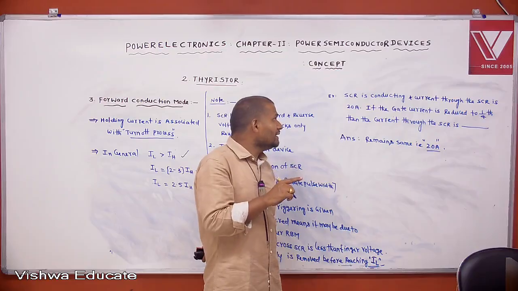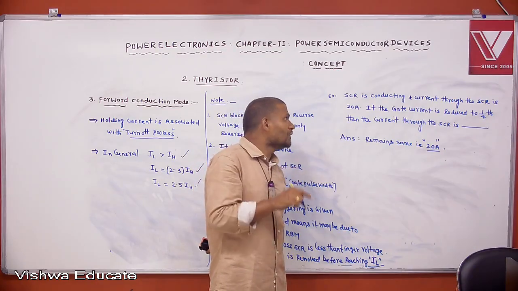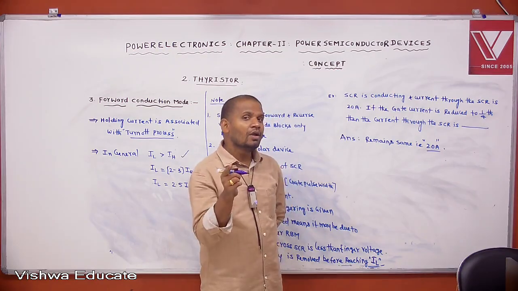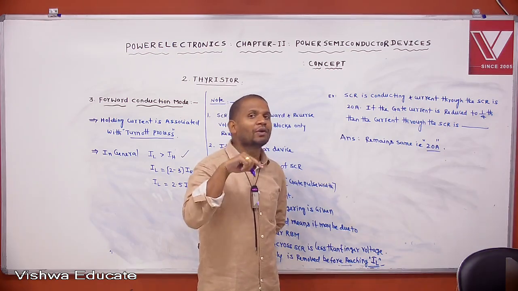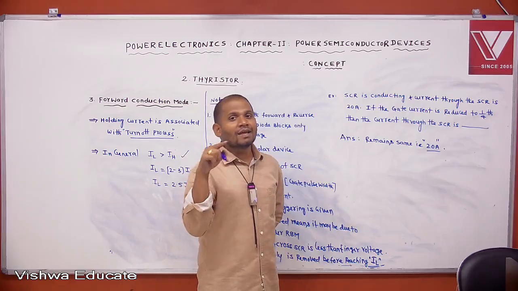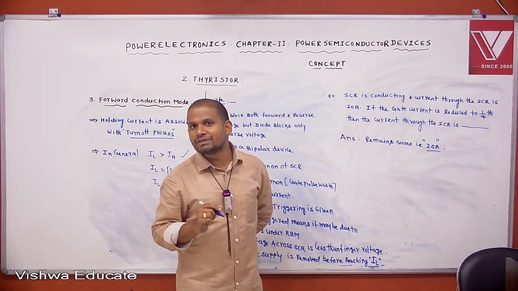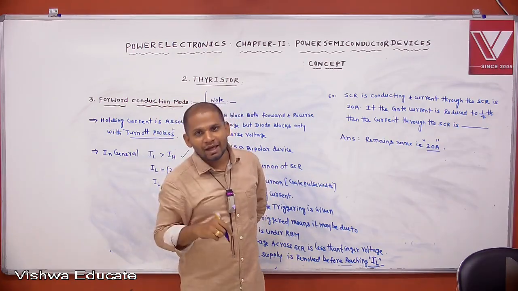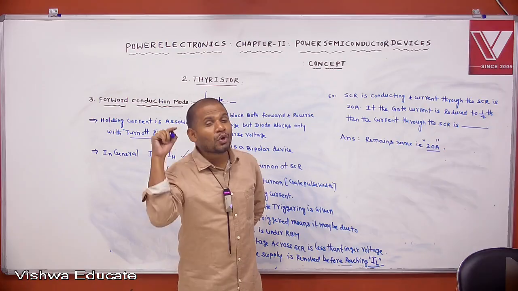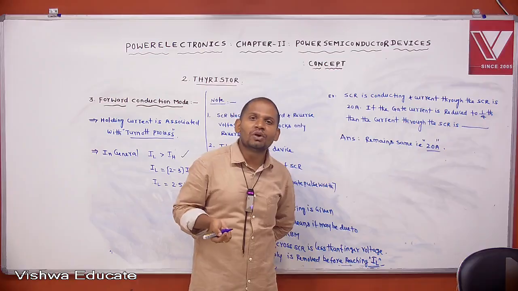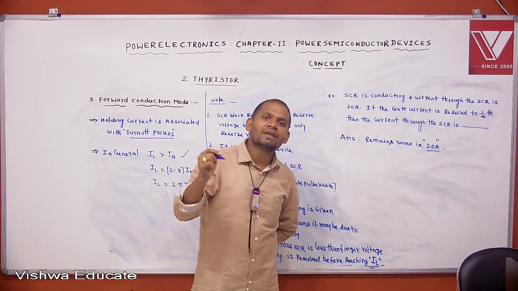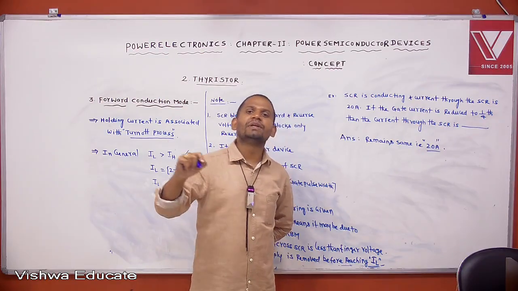SCR is conducting and current through the SCR is 20 amperes. When the SCR is conducting, the gate loses its control over the anode current. Is there any control on the anode current? No, there is no control. So the current through the SCR remains 20 amperes.